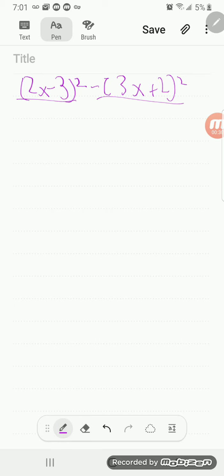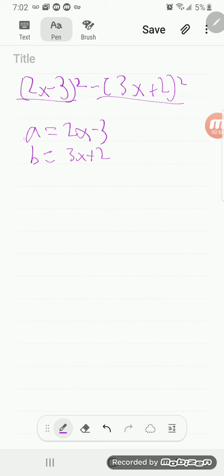So first we're going to let each binomial represent a variable, which is the u substitution, hence the name. We're going to let a equal 2x minus 3. Forget about the squared, we'll work on that later. We're going to let b equal 3x plus 2.